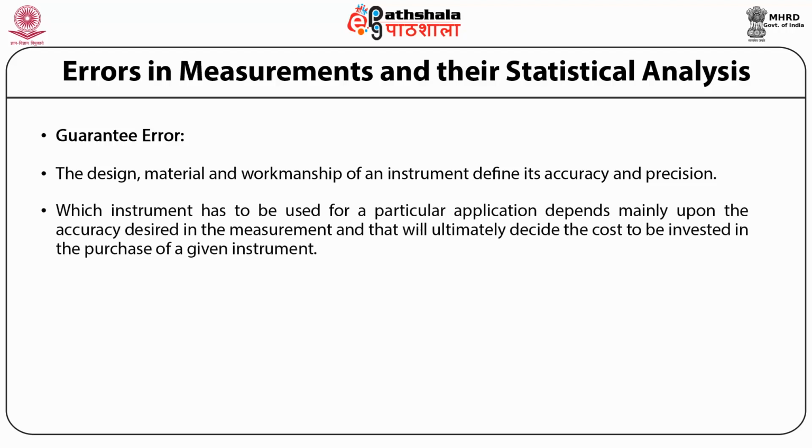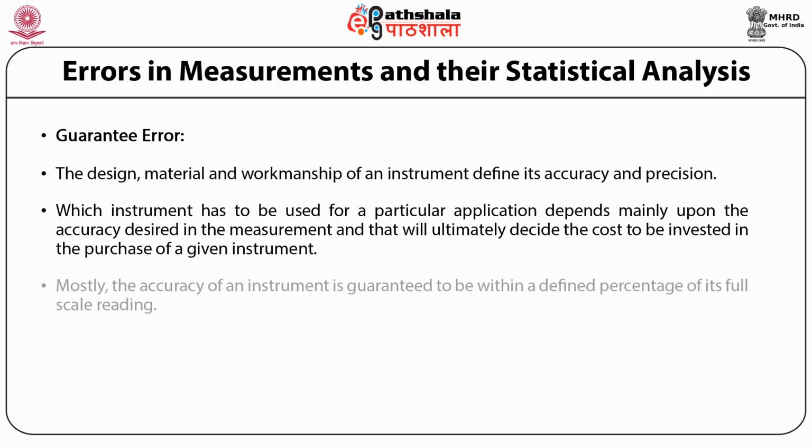Which instrument has to be used for a particular application depends mainly upon the accuracy desired in the measurement, and that will ultimately decide the cost to be invested in the purchase of a given instrument. Mostly, the accuracy of an instrument is guaranteed to be within a defined percentage of its full scale reading.